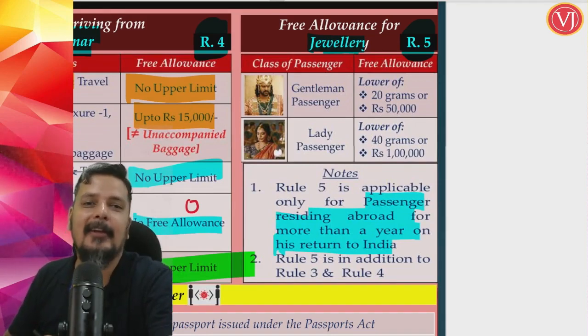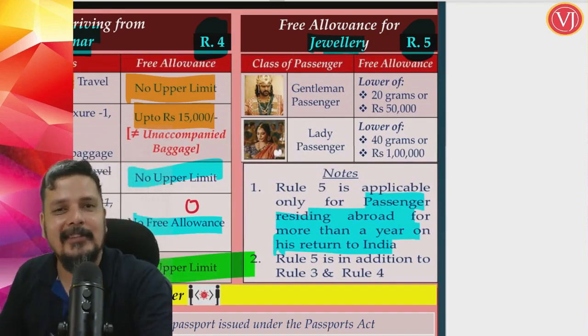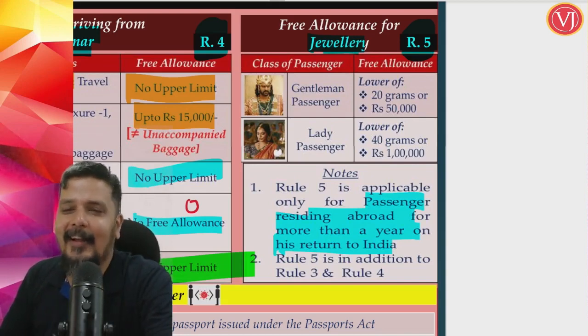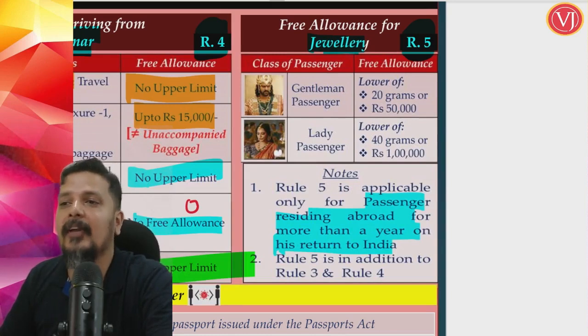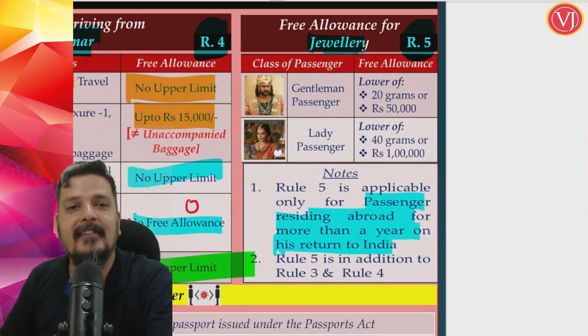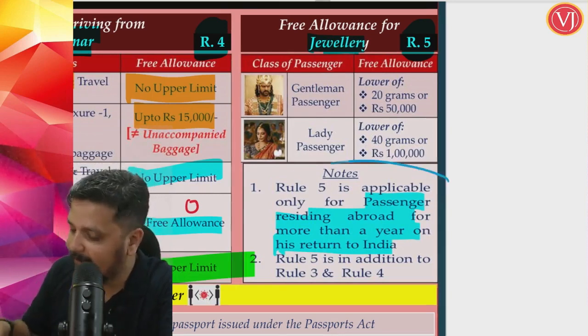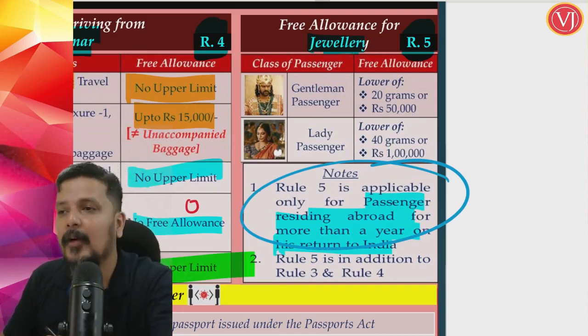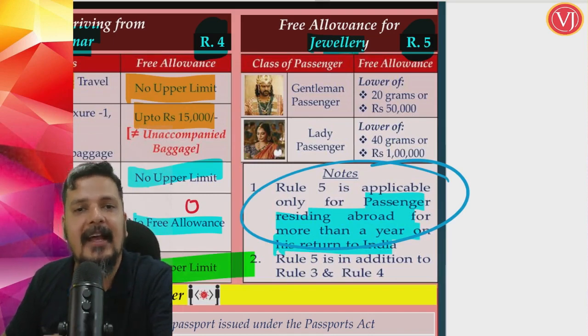You cannot say, I went to Dubai, I saw gold at a much lower price, and I thought I'll take this benefit. I have read Rule 5, but not fully. So without even starting the numbers, I am telling the condition: this is applicable only for a passenger who has stayed there for more than a year and then comes back to India.